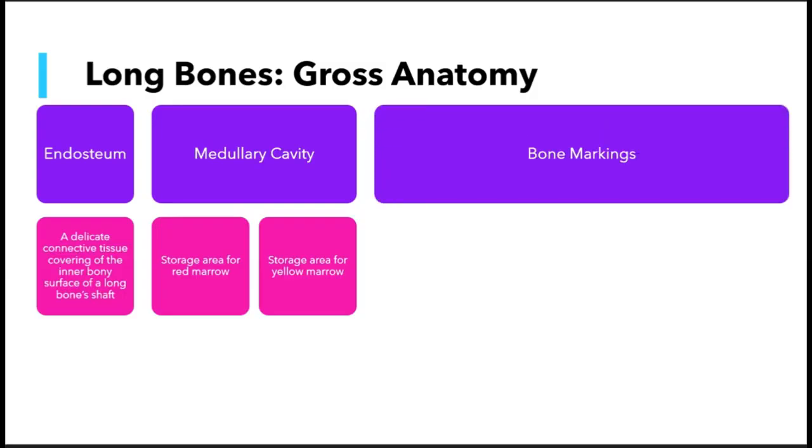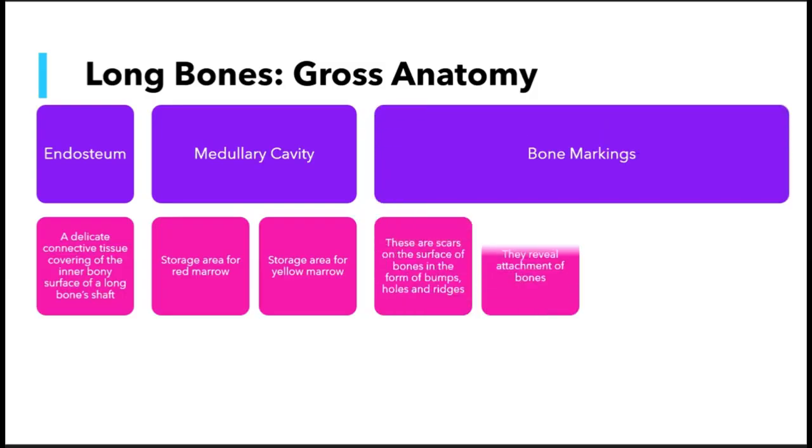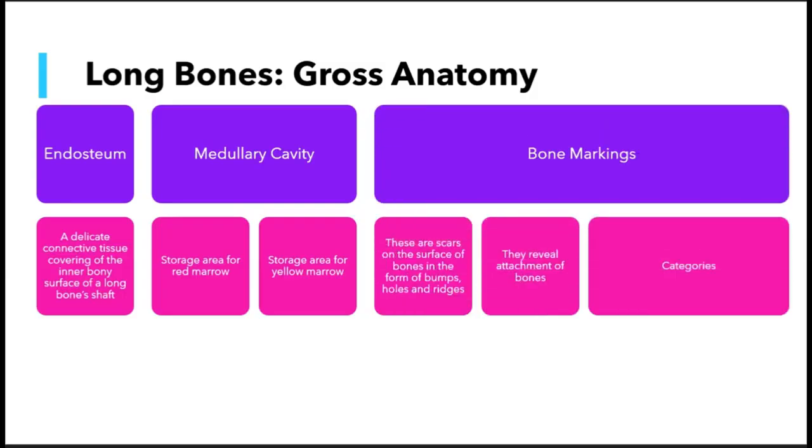So we have here some features of the long bones. For the medullary cavity, your medullary cavity is the red marrow storage in infants until the age of 6 or 7.